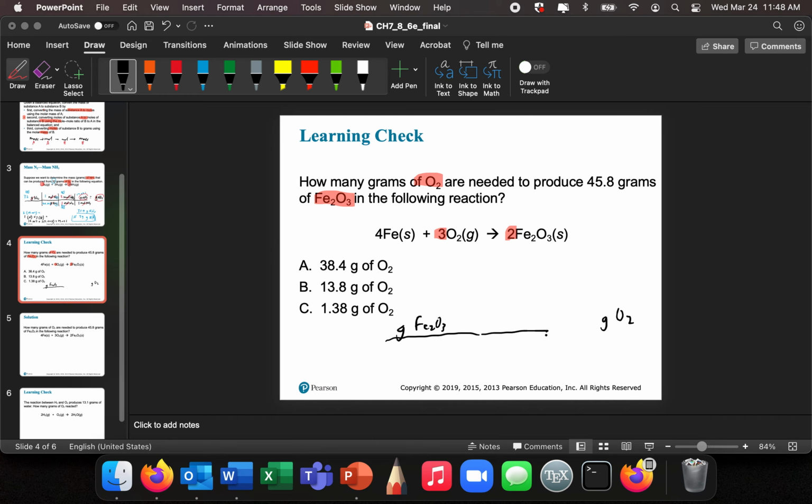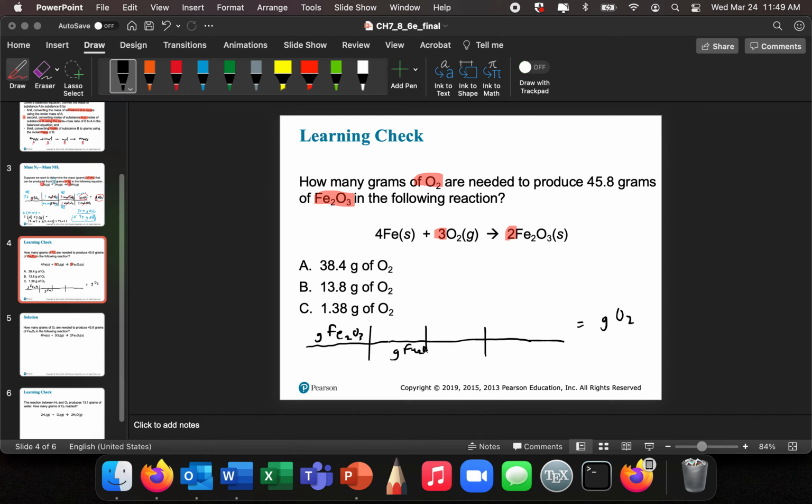I'm not sure if I left myself enough room here. You know what? I don't think I did. Let me come over here and say grams of Fe2O3. Set up my picket fence. A little bit ugly here. Okay, so I'm going to get my grams of Fe2O3. It's Fe2O3, right?